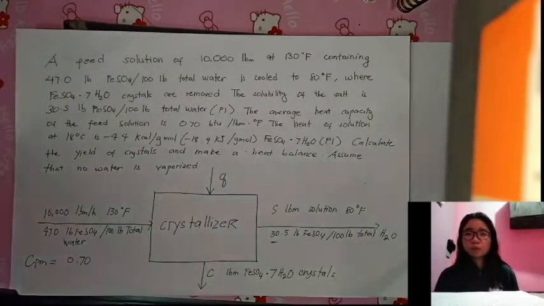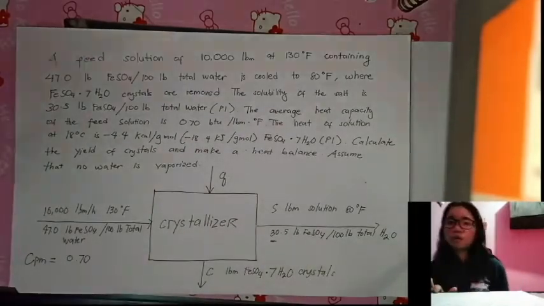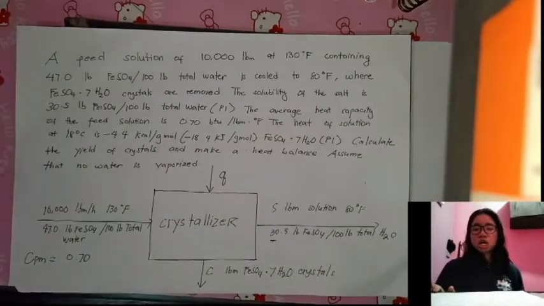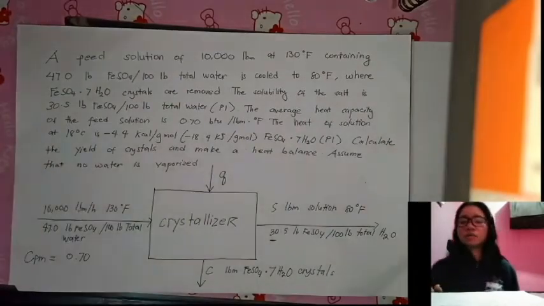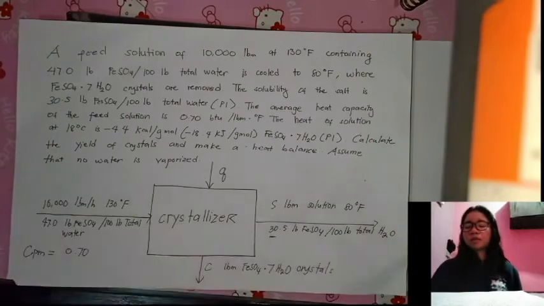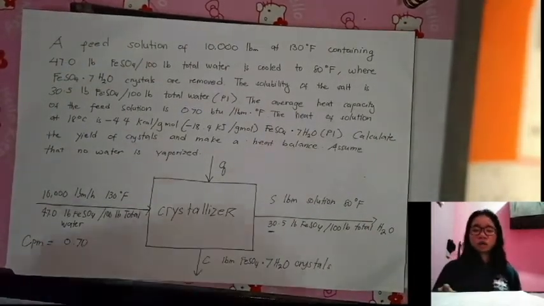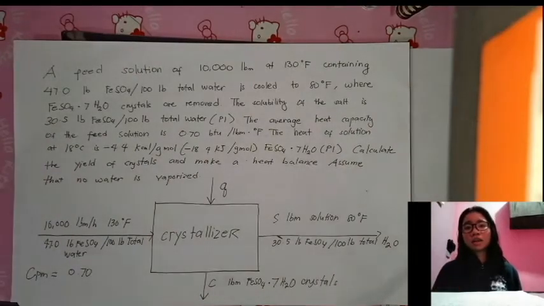So first, we will make a block diagram to further understand the problem. For this block diagram, which is the crystallizer, there goes the mother liquor, the crystals, the feed, and of course the heat, which can be added or removed.